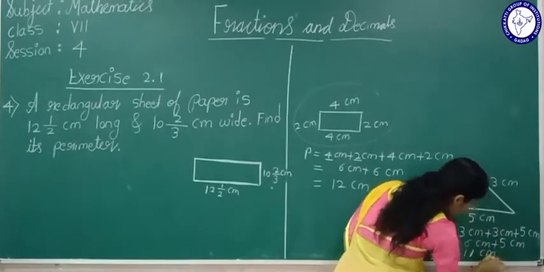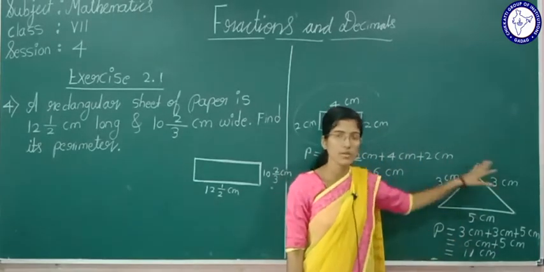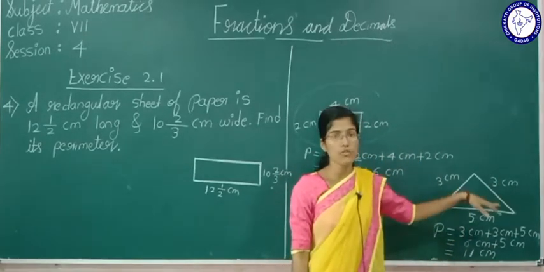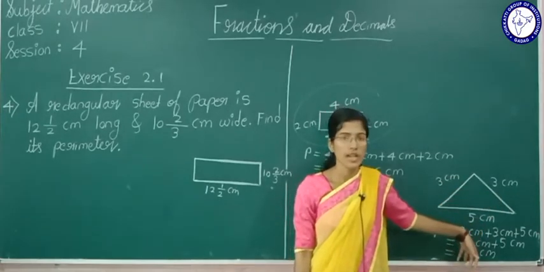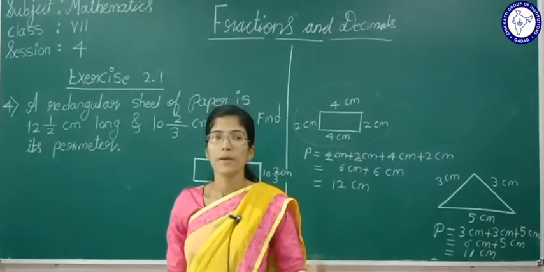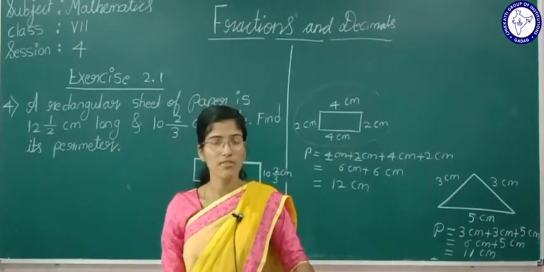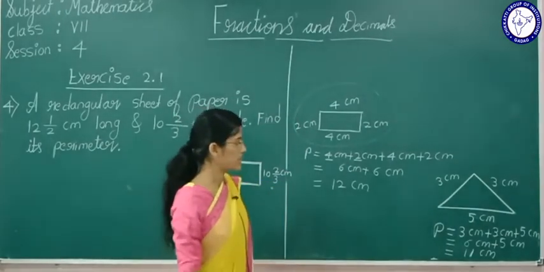The perimeter of this triangle is 11 centimeter. How can we define it? The perimeter of a shape is nothing but the total length of all its sides.